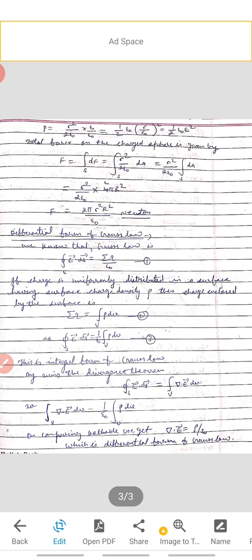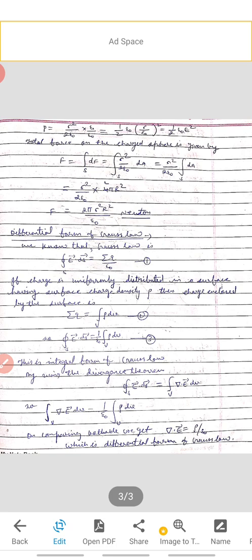If the charge is uniformly distributed in a volume having charge density rho, then the charge enclosed by the surface is given by summation q is equal to volume integral rho dV. If we put this value in the above equation, we get surface integral E dot ds is equal to 1 upon epsilon naught volume integral rho dV, and this equation is known as the integral form of Gauss law.